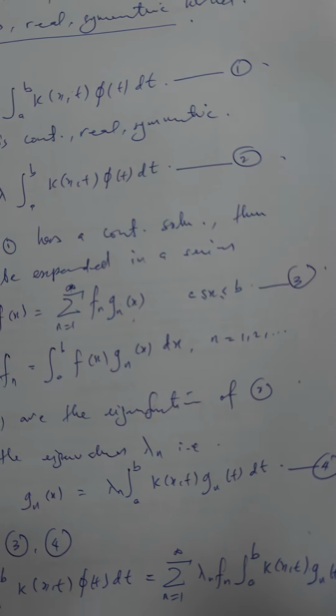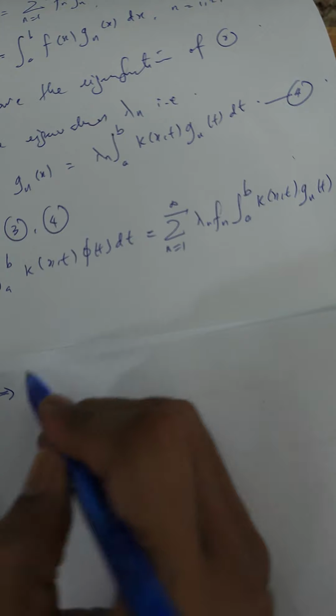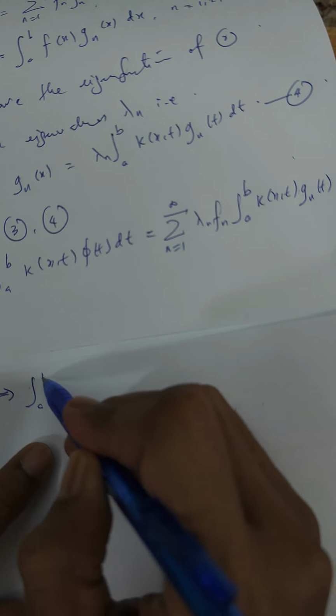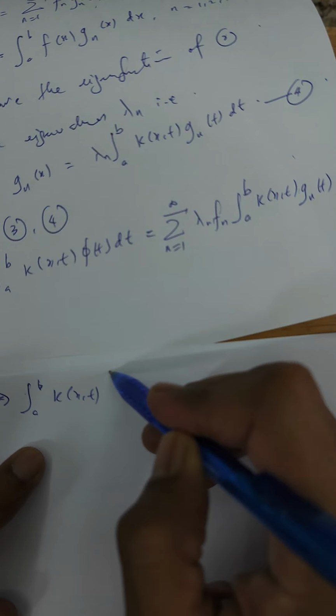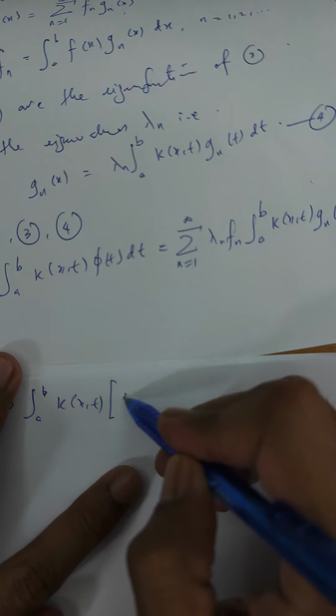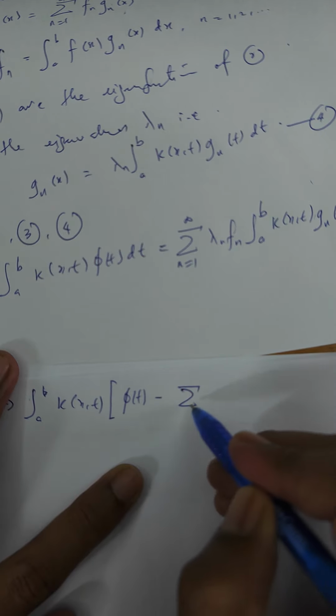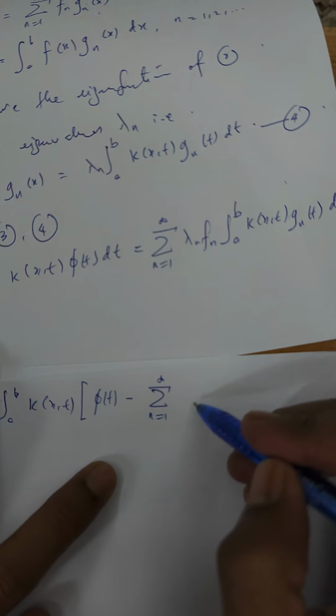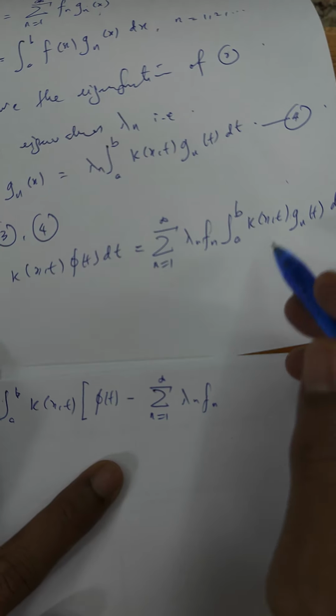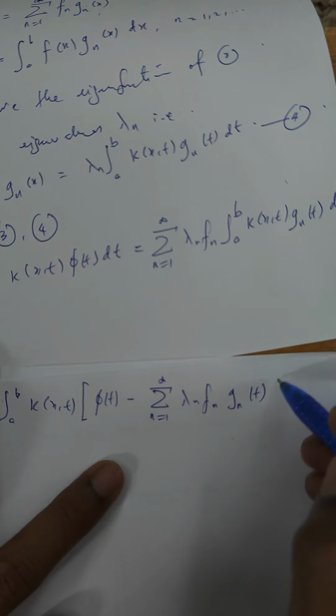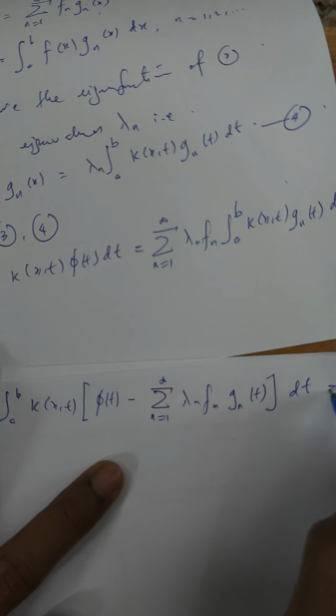We can simplify or rewrite this as the integral from a to b of k(x,t) times phi(t) minus, bringing it to the left, the summation from n equal to 1 to infinity of lambda_n f_n g_n(t), dt, and this is equal to 0.